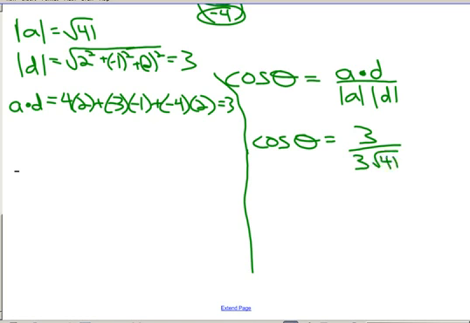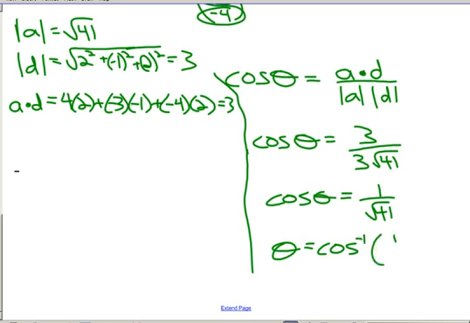I just reversed the order there, so I put my regular number out front. I can simplify if I want to 1 over root 41. And then to actually find the angle theta, I'm going to need to use arc cos, or inverse cosine, of 1 over root 41.